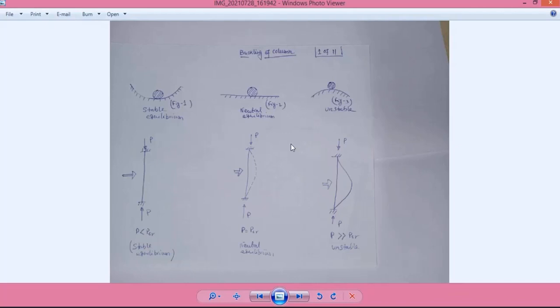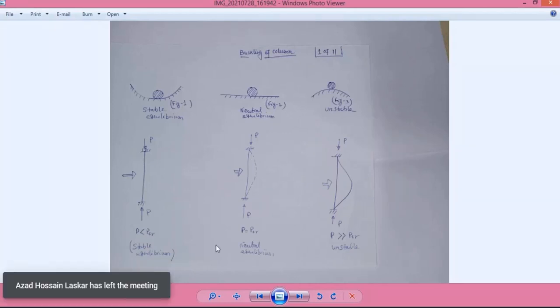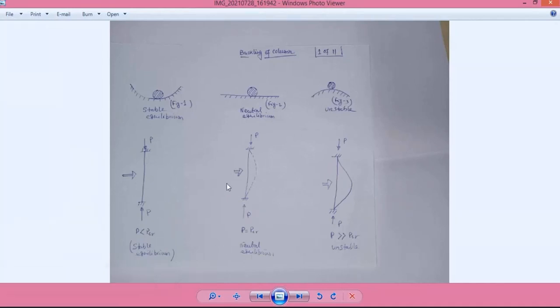Because this moment occurs due to this horizontal disturbance. What is the definition?